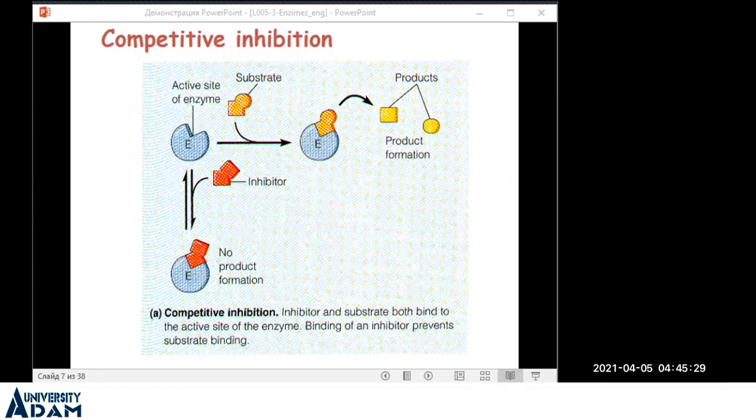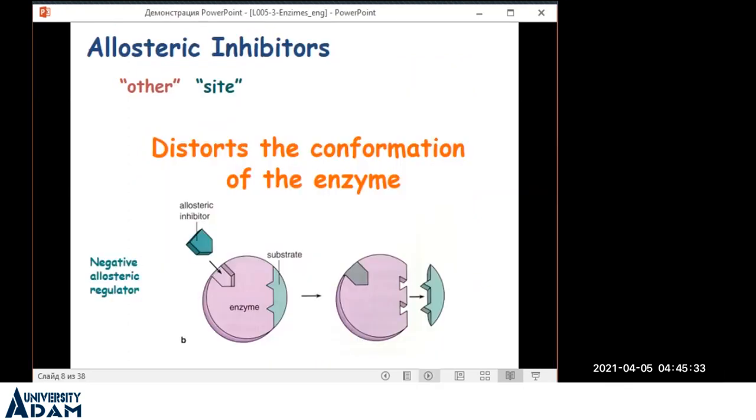Okay, and what other type of regulation do we have? We have a specific one, allosteric inhibition. What does allosteric mean? Allo means other, steric means side. It means that the inhibitor will connect with some other side of, for example, the enzyme. You see on the screen a model of the enzyme with the substrate.